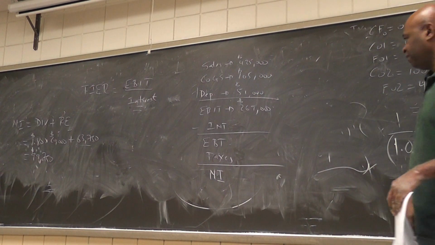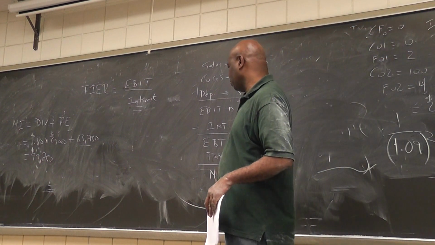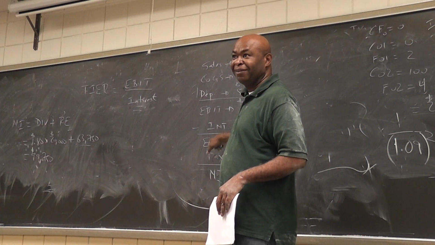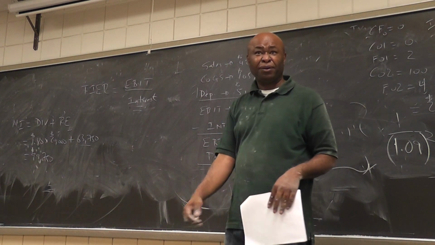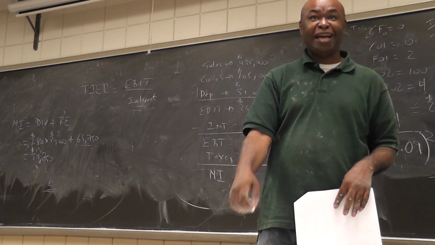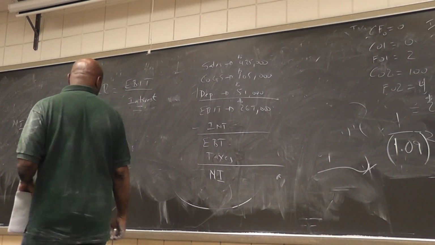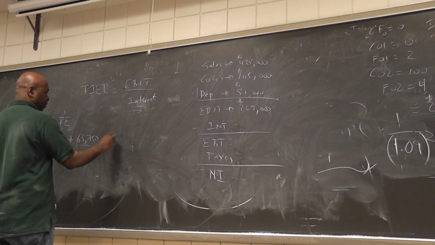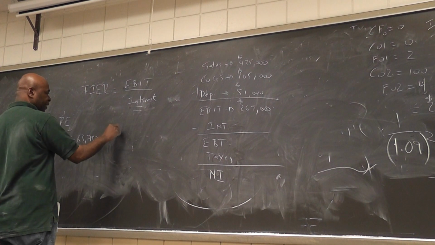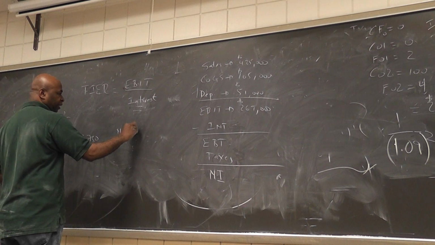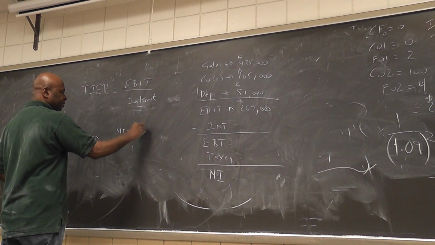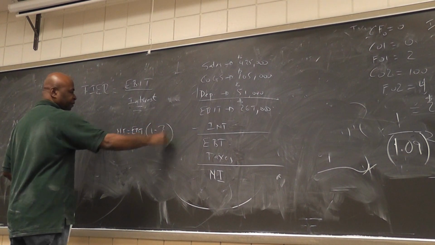Now that we have the net income, we can get to earnings before taxes. Do you agree? Because we know we have a tax rate, right? So we know that net income is earnings before taxes times 1 minus the tax rate.